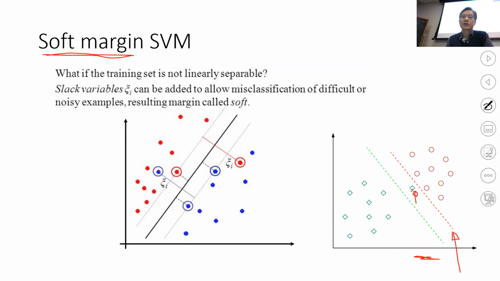And then the separating line will be the green line, making them more separable. And the green one may have better discriminant power at the end, because if a new data point comes in, this green line may give you better separation and prediction for your classification problem.